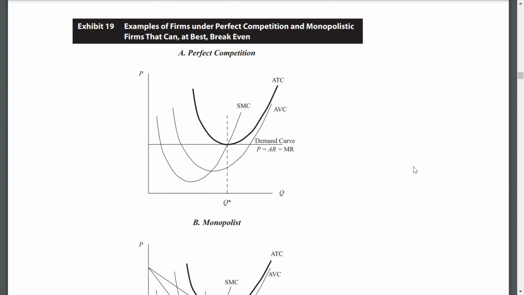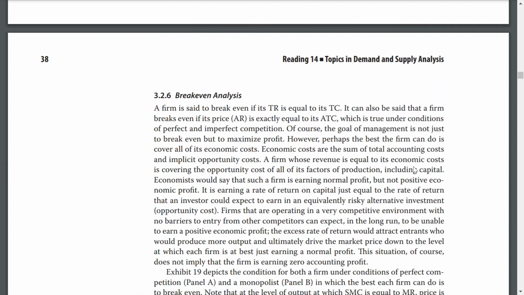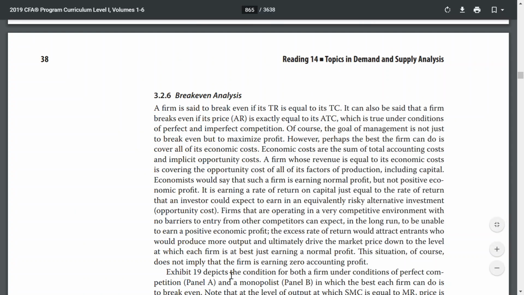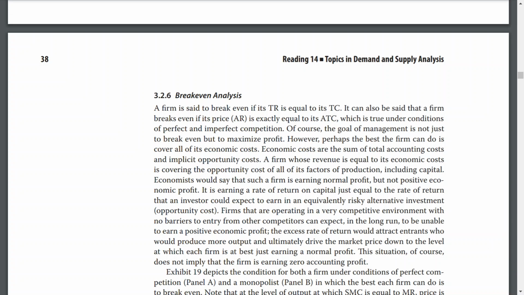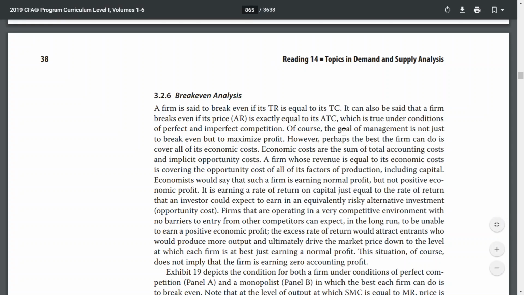All right, 3.2.6 break-even analysis. A firm is said to break even if its TR is equal to its TC. It can also be said that a firm breaks even if its price, or average revenue, is exactly equal to its average total cost, which is true under conditions of perfect and imperfect competition.